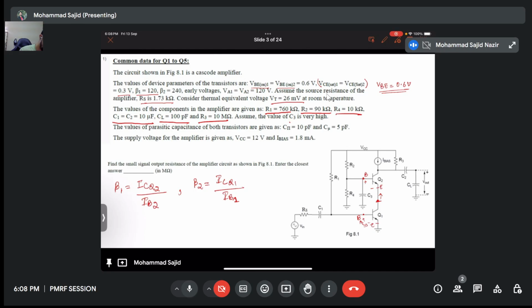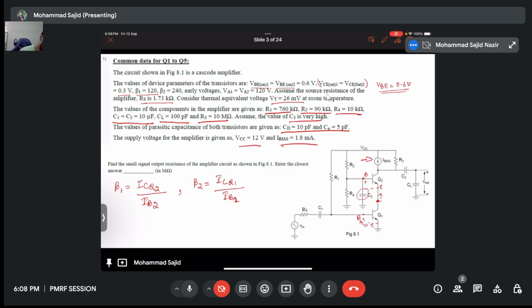Assume the value of C3 is very high. Where is C3? Here, this one. Okay. The values of parasitic capacitance of both transistors are given as these are the parasitic capacitors. The supply voltage is also given. High bias, which is this current, is 1.8 milliampere.